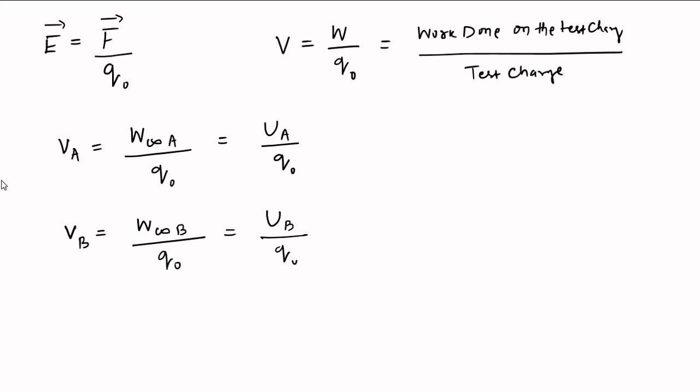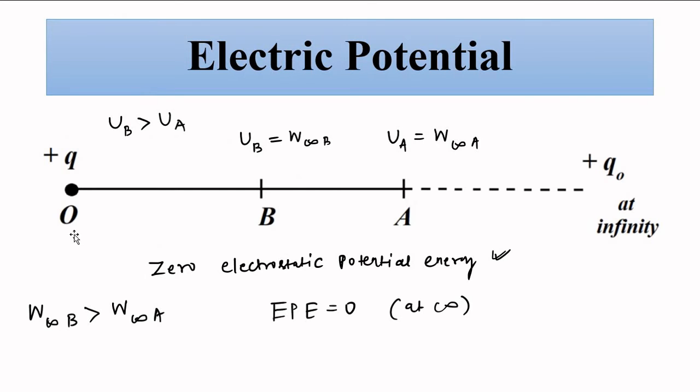So to define be it electric field or electric potential, there are two things which are always important. First, the source of the electric field, that is the source charge, and the test charge.